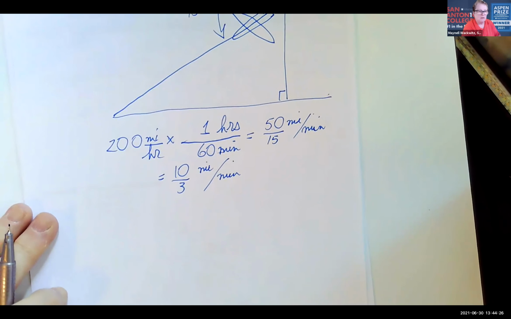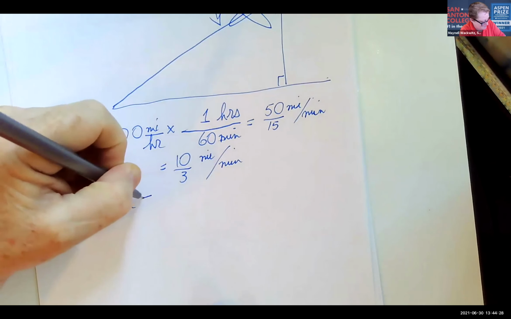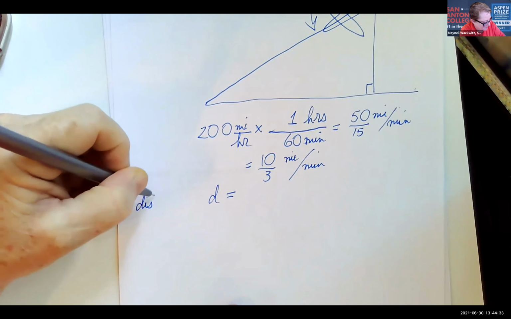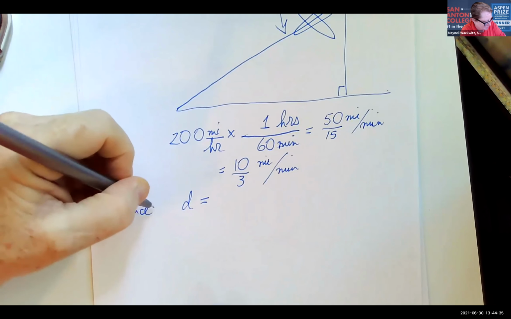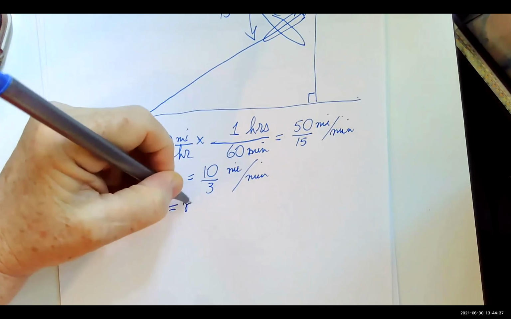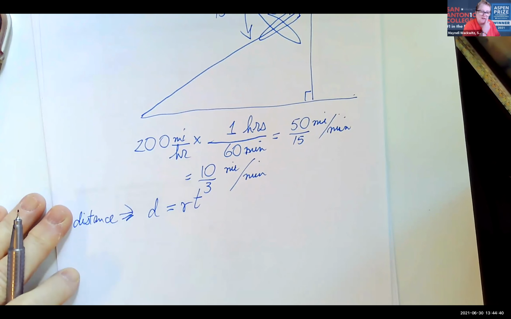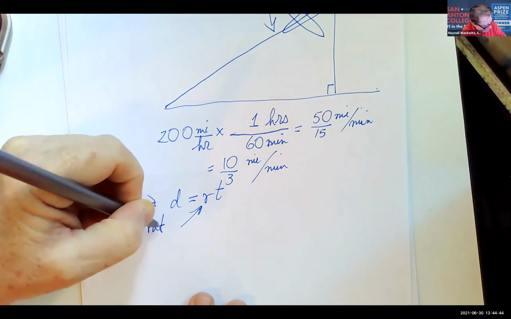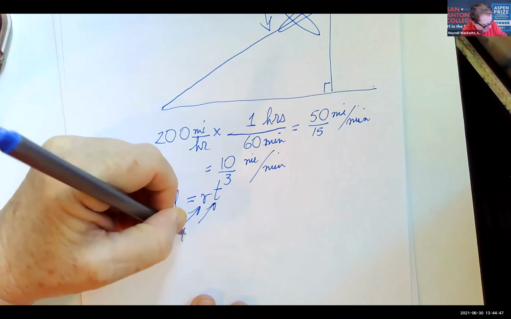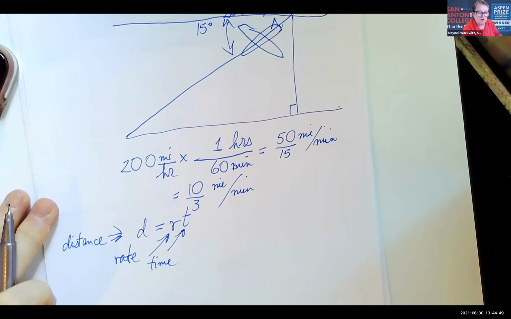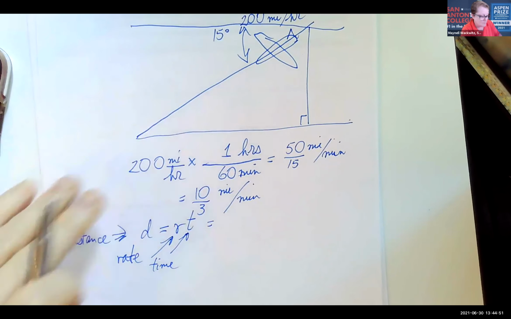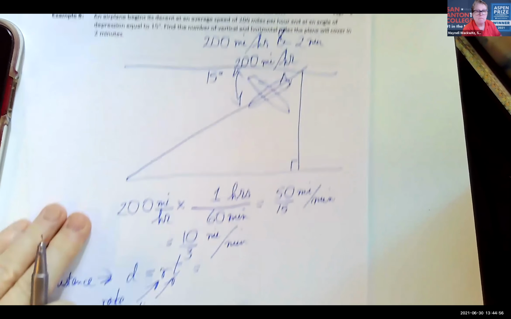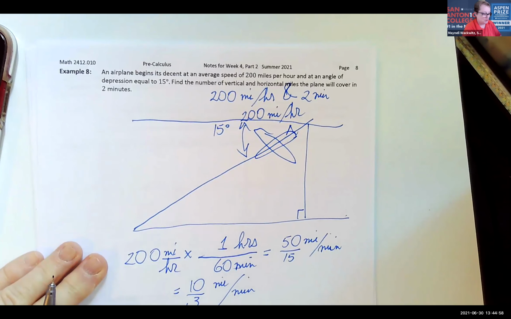And how many minutes? D is distance. It was 2 minutes that we were looking for. So distance is equal to rate times time. How long was he going? 2 minutes, right.